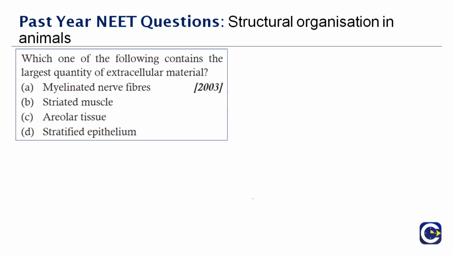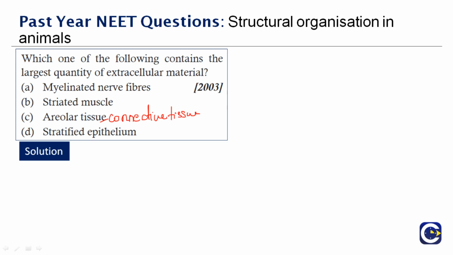Next question here: which one of the following contains the largest quantity of extracellular material? So you have 4 options here. Maybe we can discuss one by one. Now let's take the areolar tissue. Of course, it is the least specialized connective tissue.